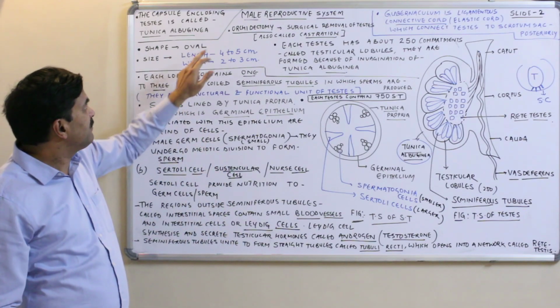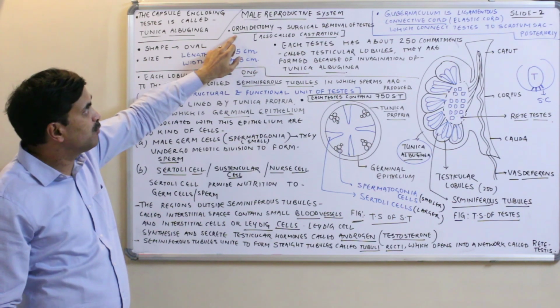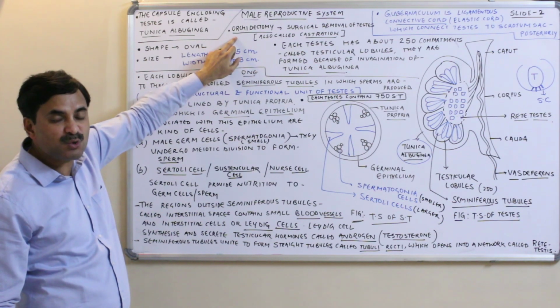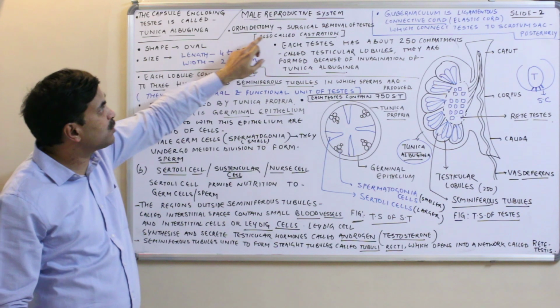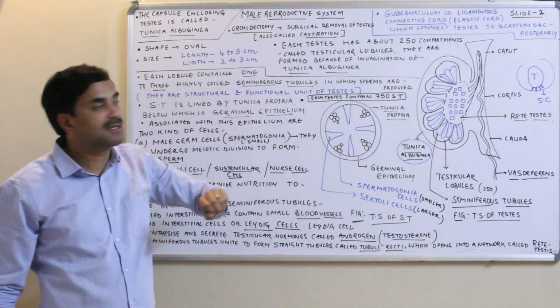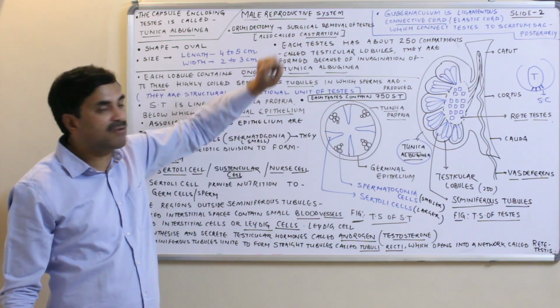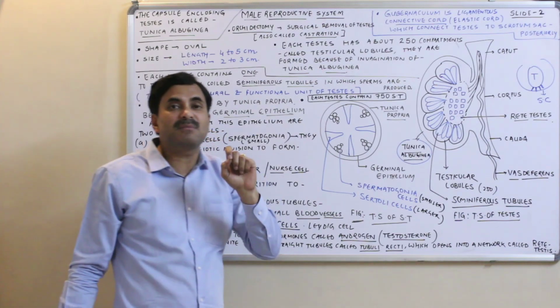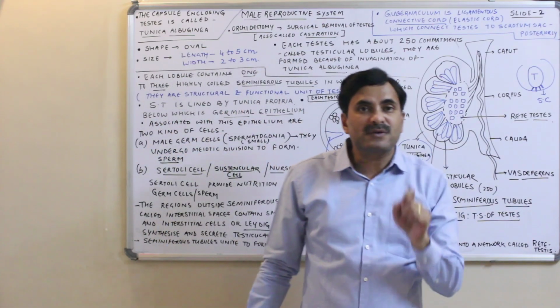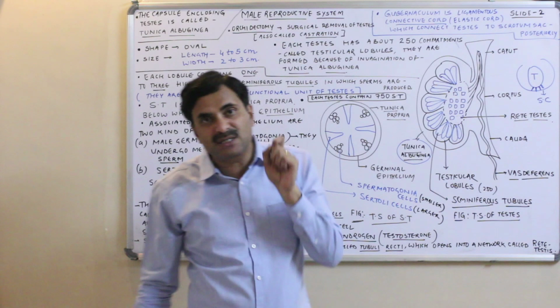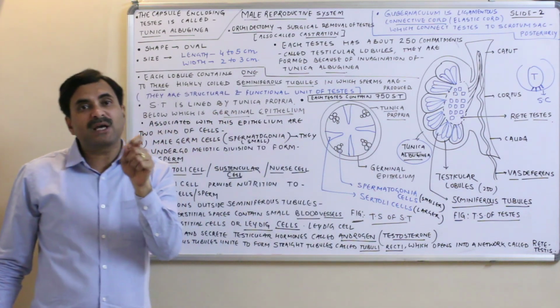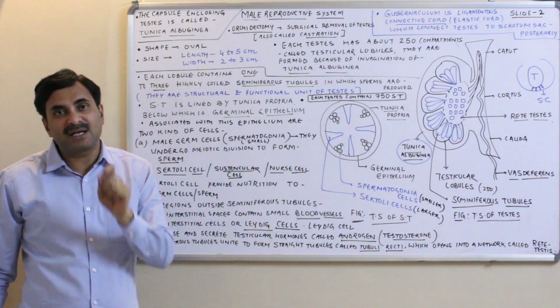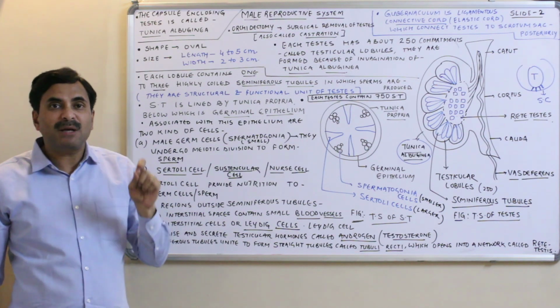Fine. And one more thing, orchiectomy. What is orchiectomy? This term is also associated with the testes. Orchiectomy is the surgical removal of the testes, and it is also called castration. This castration is done basically in oxen. Oxen are used in agricultural fields for plowing and other agriculture-associated work.